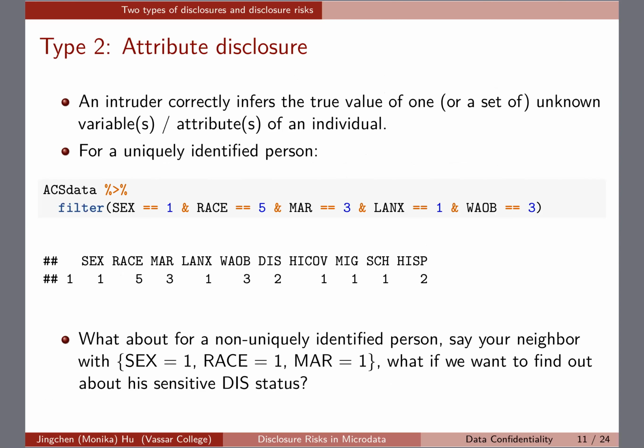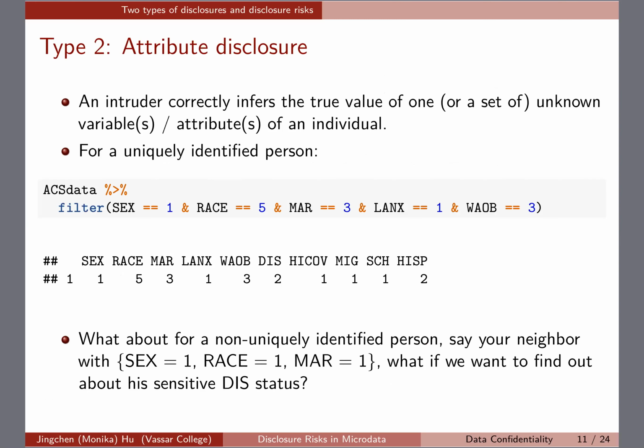Okay? But how about for somebody who is not uniquely identified? Say your neighbor with earlier sex 1, race 1, and marital status 1. We know there are 2192 people in that group. What if we want to find out about this person's sensitive disability status? What would you do? So this is what we call type 2 attribute.